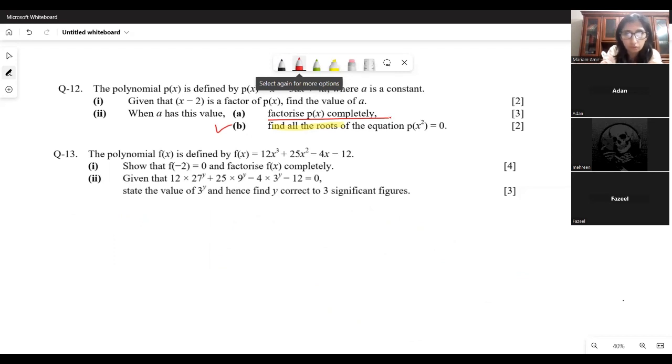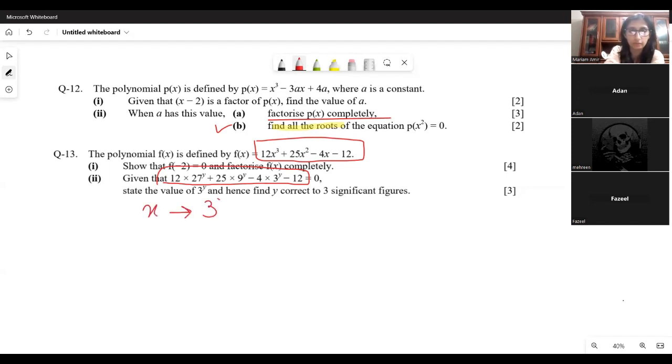Okay, so we notice that these are more or less the same equations. What is the relationship between these two equations or expressions? X is being replaced with 3 power y.